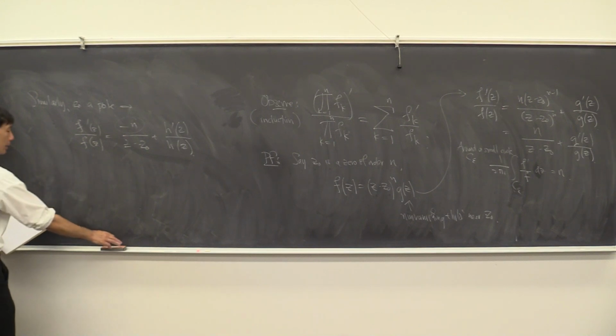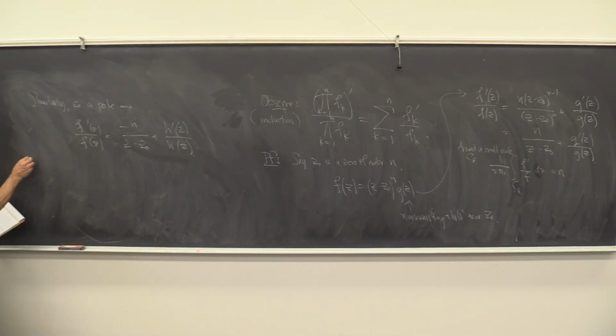So then you have your disk and you've got a bunch of zeros and poles inside here. You play the same game as usual.